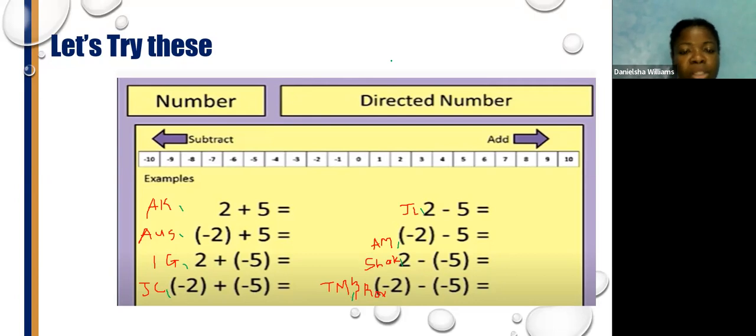I'm looking at the responses in the chat. All right, hold on. I think there's a bit of confusion for you. Which question are you doing? Because Austin was working out question number 2, which is the -2 + 5.